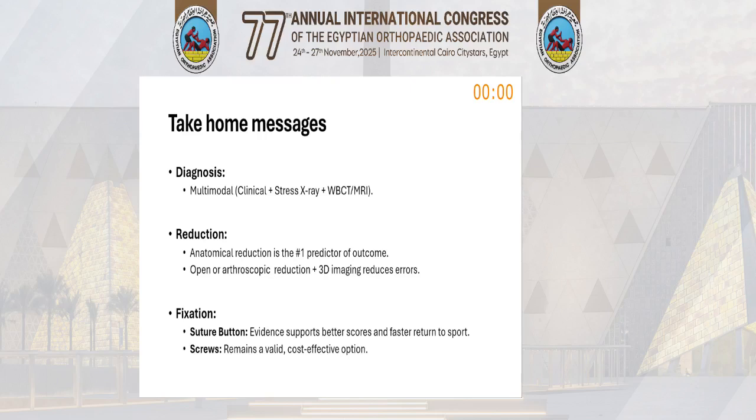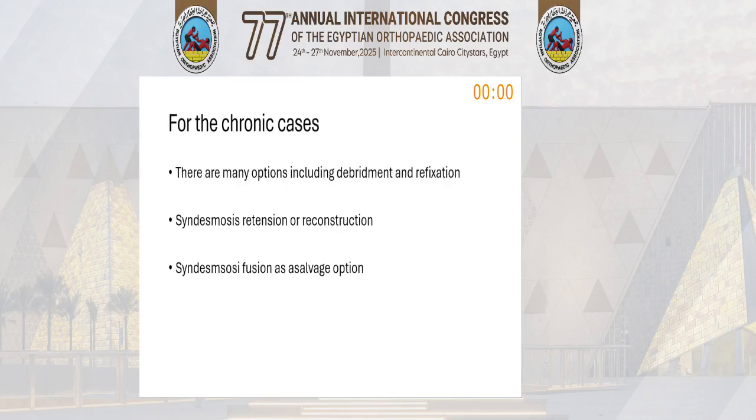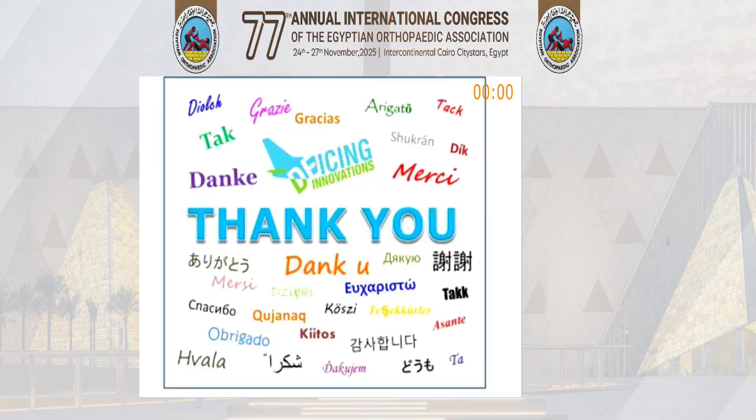The screws remain a valid cost-effective option. For the chronic cases, there are many options, including debridement and refixation using sutures, suture buttons or screws, syndesmosis reconstruction, and syndesmosis fusion as a salvage option.